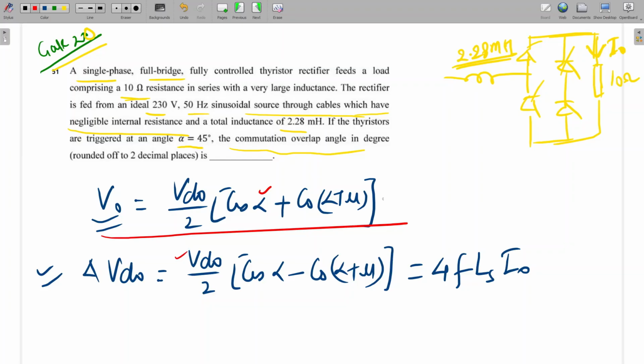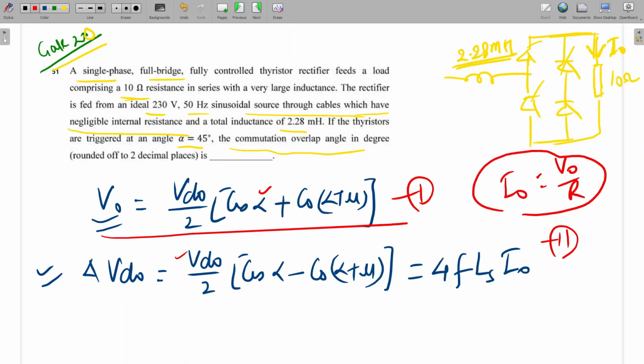So if we put this first equation in second, I0 will be V0 by R. Okay. So we'll get the simplified equation. Is it clear? Just I will put here that first equation. So I0 is equal to Vd0 by 2R into cos alpha plus mu. Is it clear to all?